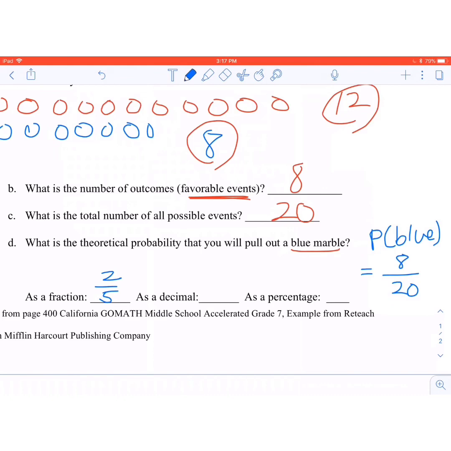Then 2 out of 5 can be written as a decimal, and 2 out of 5 means there is a 0.40 chance. In other words, there is a 40% chance of selecting a blue marble.